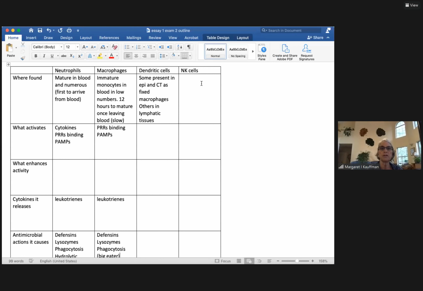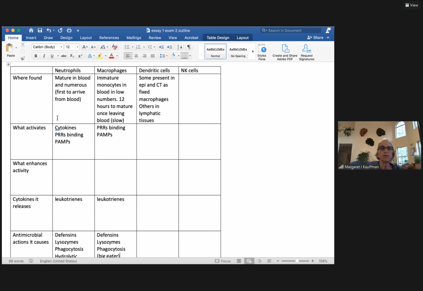So you'll notice, as I mentioned to you before we went in the breakout rooms, NK cells are on there. They're clearly not part of SA1 now, they're in SA2. But I left it there because you are going to need to know about NK cells. So when we get to talking about them, which is the very last question in this set of lecture questions, maybe we'll call this table up again and put things under there.